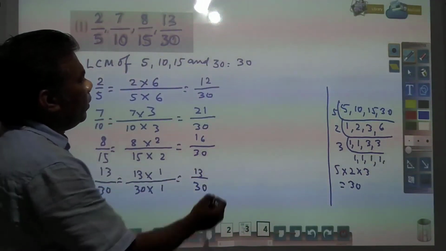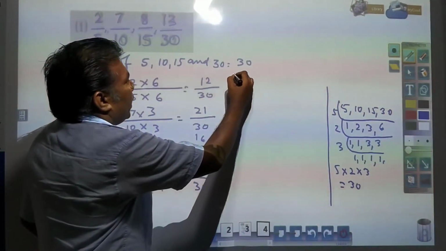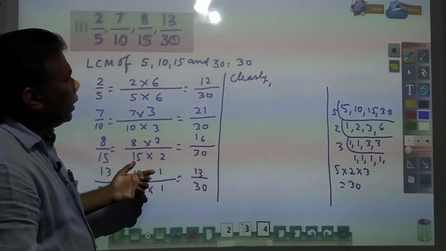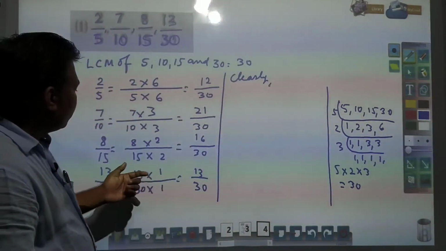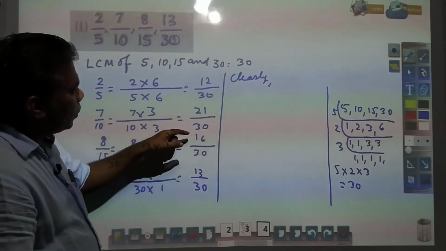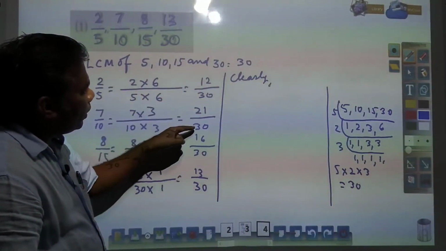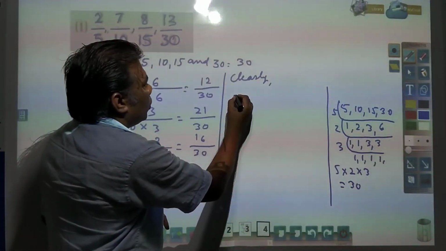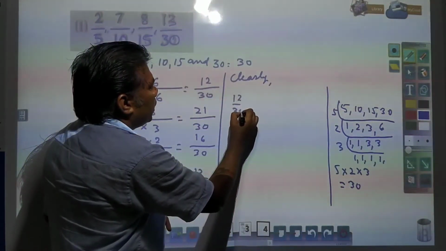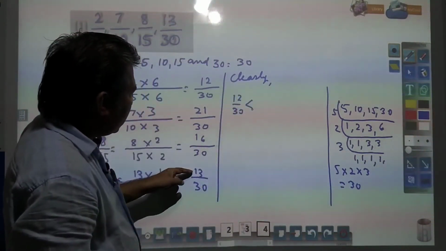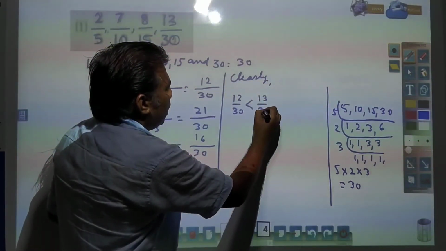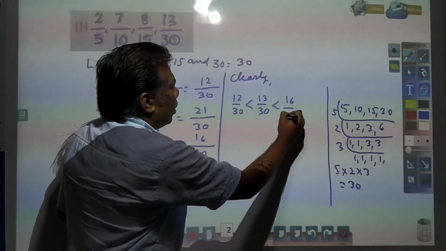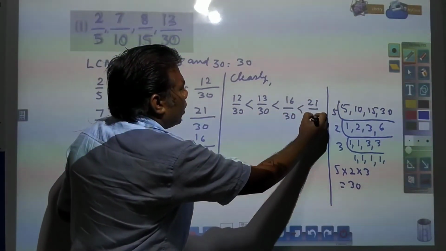Now we need to write in ascending order. So we need to see which one is the smallest. Among 12 by 30, 21 by 30, 16 by 30 and 13 by 30, we have 12 by 30 as the smallest. So 12 by 30 is lesser than 13 by 30, which is lesser than 16 by 30, which is lesser than 21 by 30.